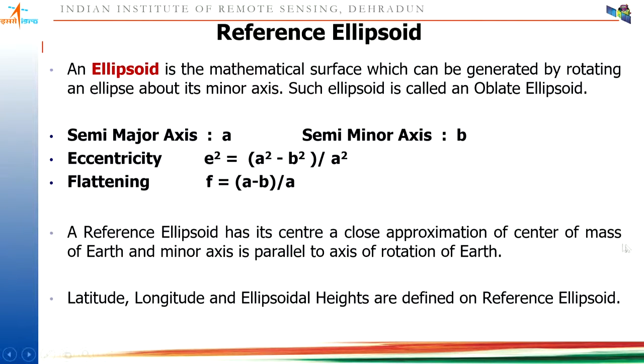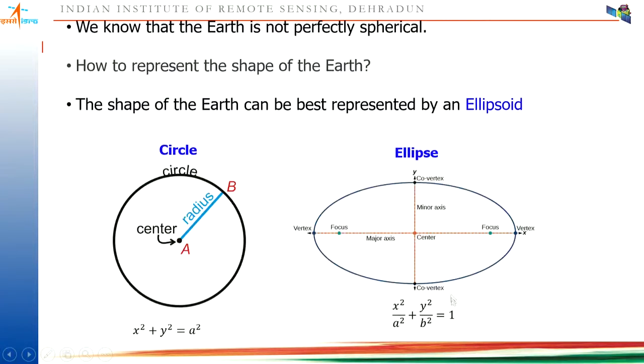So an ellipsoid is the mathematical surface which can be generated by rotating an ellipse about its minor axis. Such an ellipsoid is called an oblate ellipsoid. In an ellipsoid we define these terminologies. The semi-major axis is a, the horizontal distance from the center to the vertex, and double of that is called the major axis, 2a.